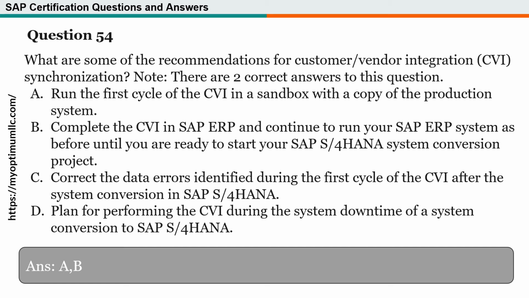B. Complete the CVI in SAP ERP and continue to run your SAP ERP system as before until you are ready to start your SAP S/4HANA system conversion project. C. Correct the data errors identified during the first cycle of the CVI after the system conversion in SAP S/4HANA. D. Plan for performing the CVI during the system downtime of a system conversion to SAP S/4HANA.